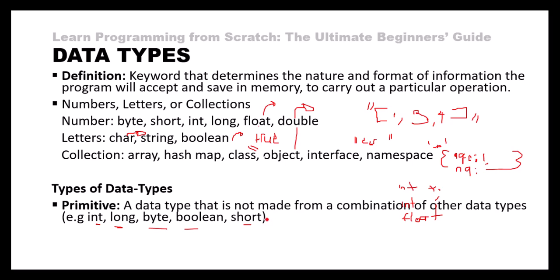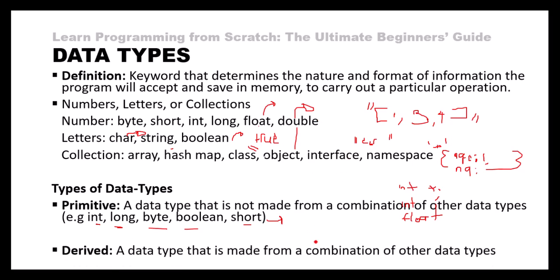Like an integer is just a number: 1, 2, 3. It's not made from a combination of a string and a character and maybe a double. No, it's self-existent. It's a number, it's a digit. That is what you call a primitive data type.